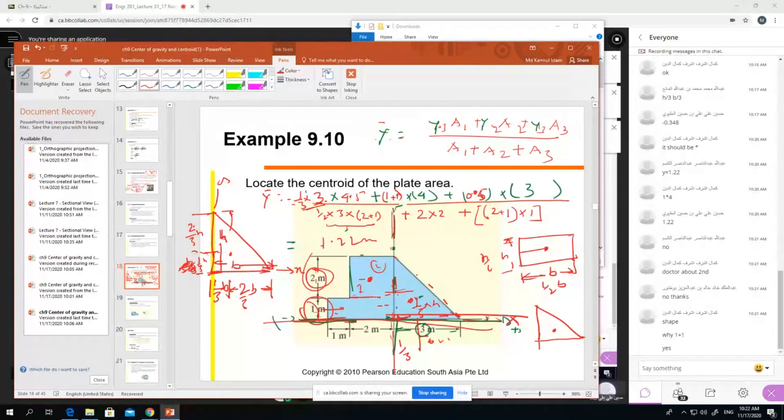From the bottom of this rectangle of section 2 it is 1 meter, so the middle is 1 meter, but we are calculating from the x-axis. The x-axis distance is still 1 meter, so the total is 1 plus 1. Clear now? Clear?